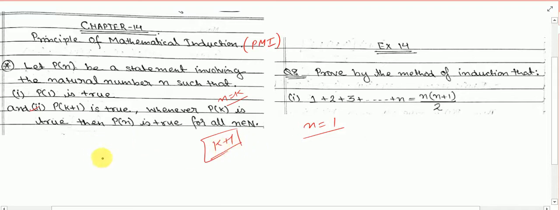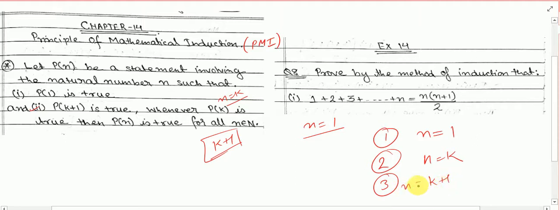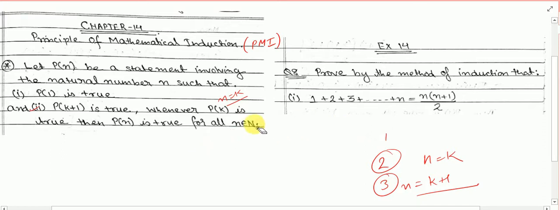So the statement is given to you. First you will see whether it is true for n equal to 1. If it is true, then second work is to assume that the statement is true for n equal to k, and thirdly you have to show that the statement is going to be true for k plus 1 also. Once we do the question, things will be more clear to you.